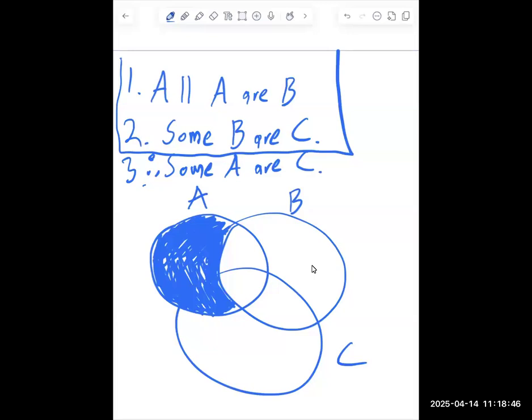Can she put an X where B and C overlap that doesn't land where A and C overlap? Well, of course she can, right? She has this space open here to put her X. She does not have to put it where A and B overlap. The argument is not valid.